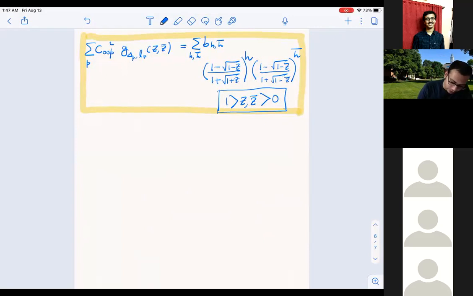Okay, now we can do something useful from this result. Now we can take the same Euclidean correlator, but we can expand in the cross channel.